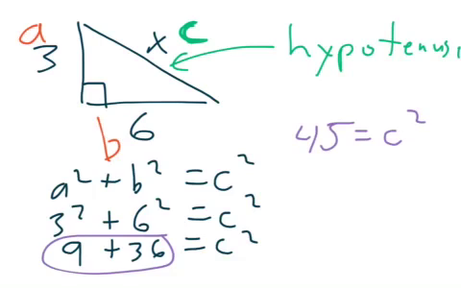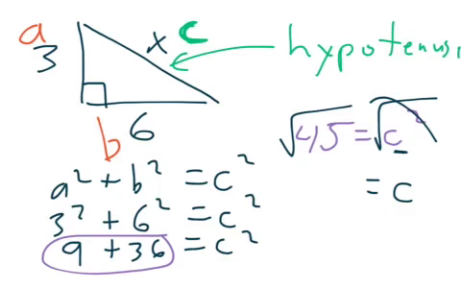And how do we solve for C? Well, don't we take the square root? So once I square root both sides, the squared cancels out. So C is going to be the square root of 45.